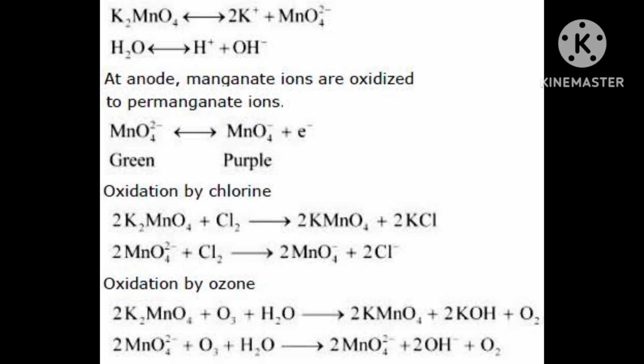It converts iodides to iodine, sulfide to sulfur, tin 2+ to tin 4+, and iron 2+ to iron 3+. All are half reactions. Wherever electrons are there in the product, that is a half reaction.